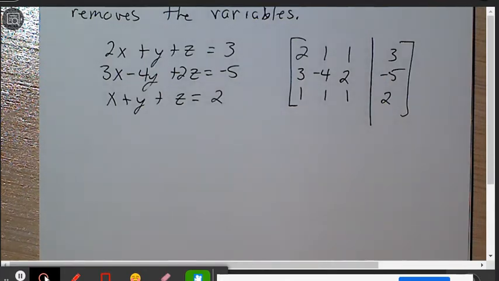Okay. One of the other ways that they will give to you and talk about is reduced row echelon form.